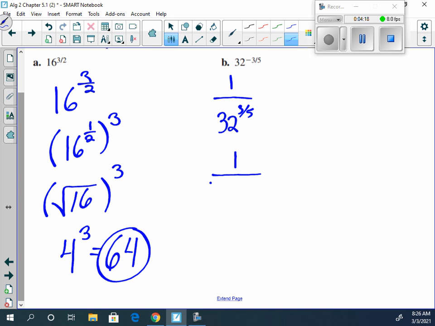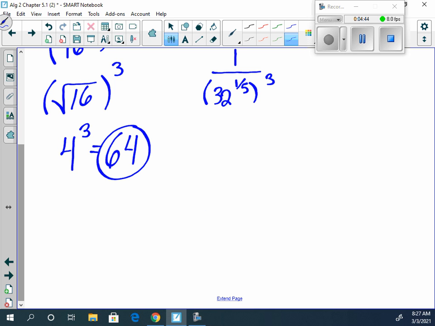And we can do the exact same thing we did on the other one. 3 is going to go to the outside. 32, and it would be to the 1/5. Because the 5 on the bottom is our root, the 3 on top is the exponent.